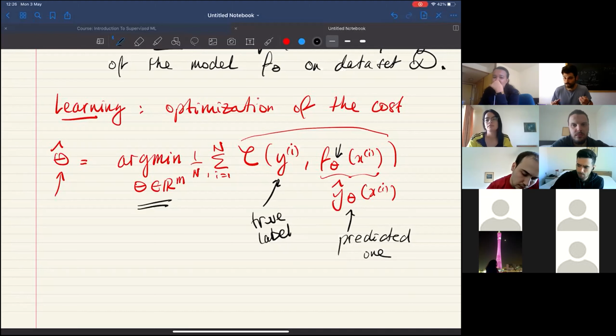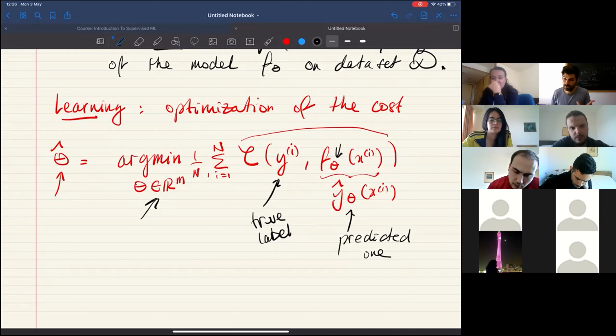Okay. Then, of course, all the difficulty, and one obvious difficulty, is that this operation here is not innocent. Finding this minimum can be extremely hard, or very computationally demanding, or it's not even clear in some cases that you can find a minimum, because this cost may be a non-convex function. It can be a very complicated function, depending in a very complicated way on theta.